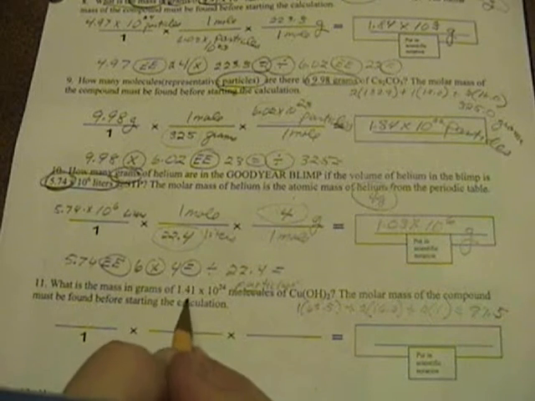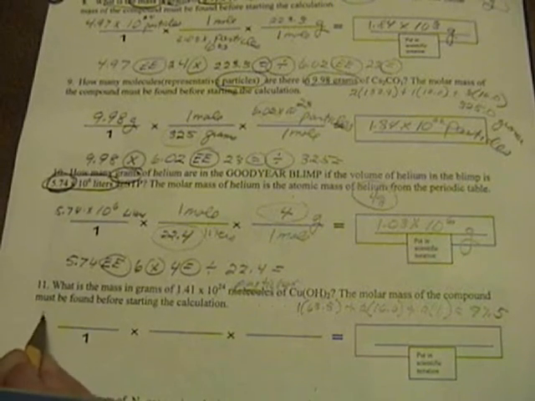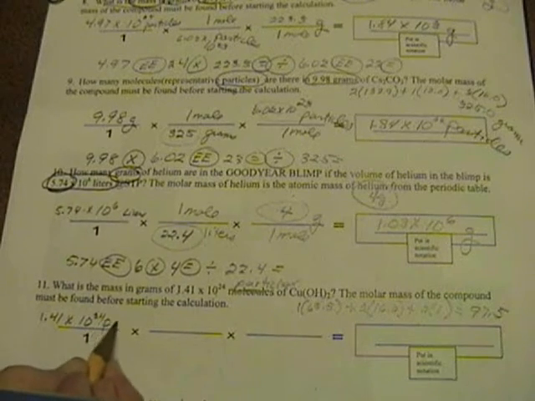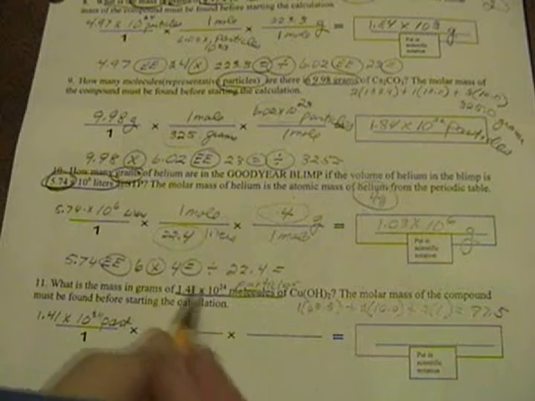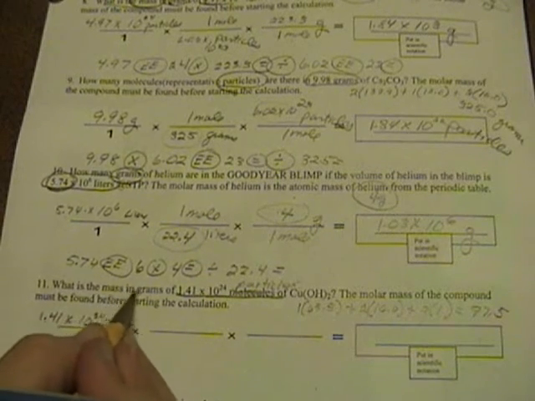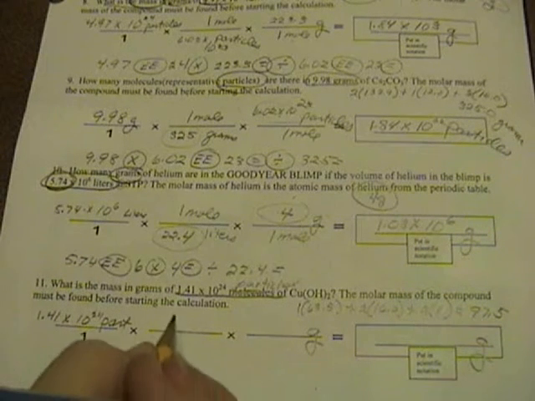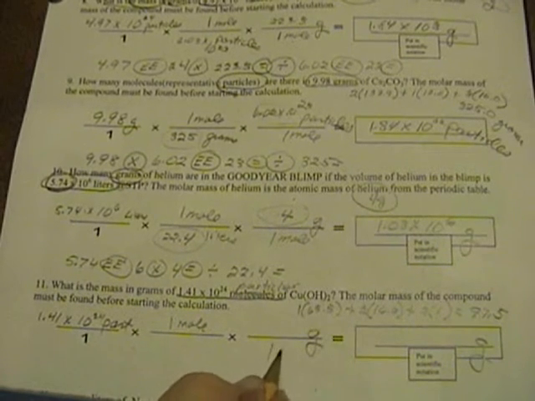Alright, so now let's start on the question. 1.41 times 10 to the 24th particles is our known. Okay, what is the mass in grams? So G and G. Anytime we have 3 fractions with this kind of question, we can put 1 mole on top here and 1 mole on the bottom here.